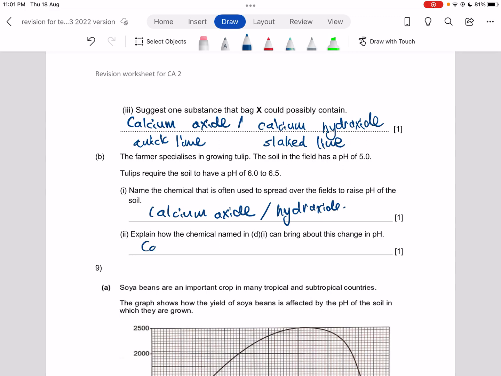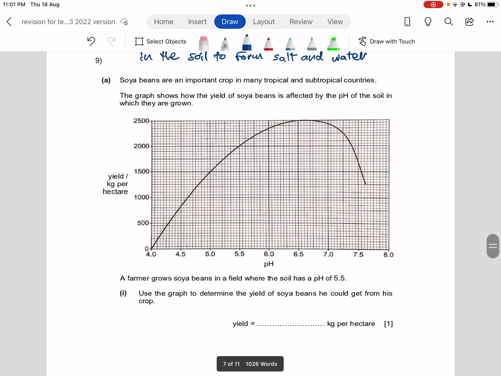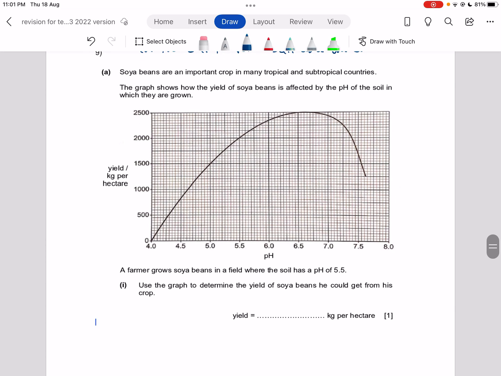You say that, for example, you choose calcium oxide, so you say calcium oxide will react with acid in the soil to form salt and water, right? Okay, next one, question 9, then 10, then 11, 12, then I think that's it.